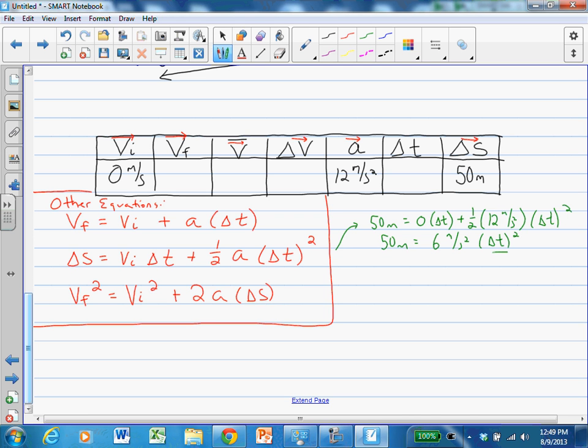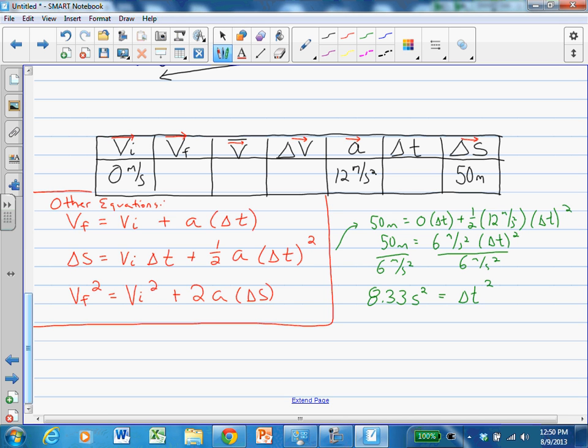Divide by 6 meters per second squared. 50 divided by 6 is 8.33 seconds squared. The meters would cancel. That is delta T squared.